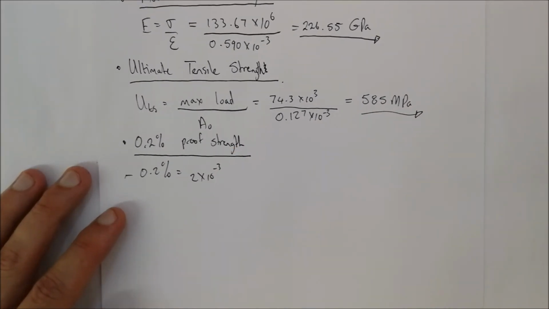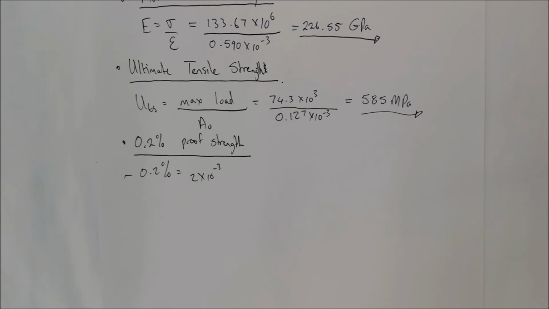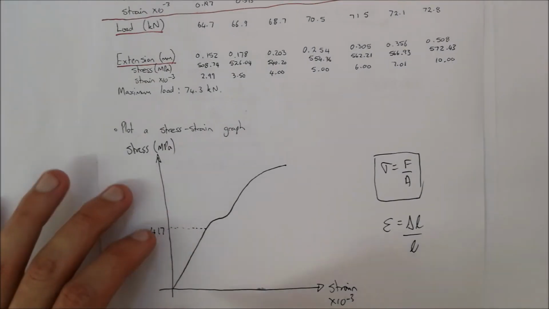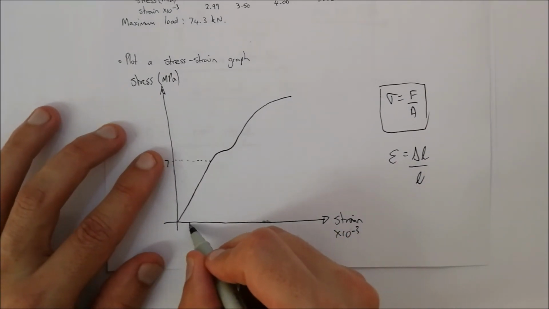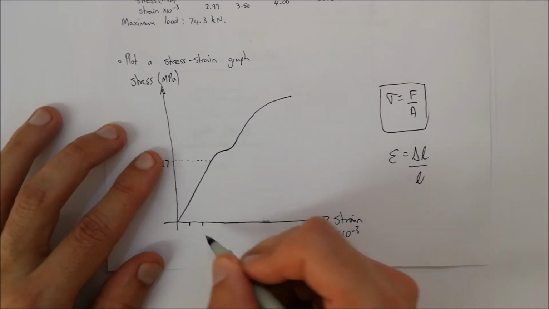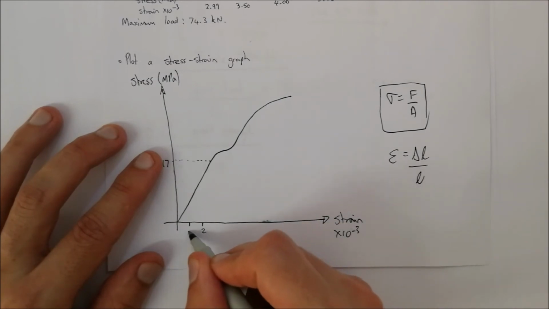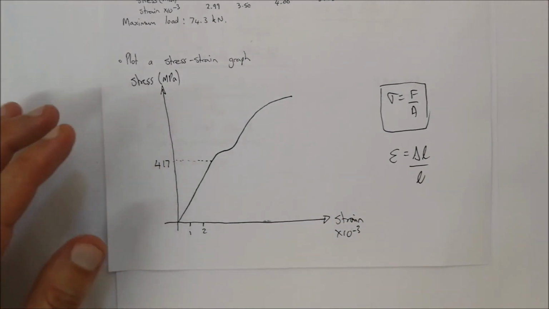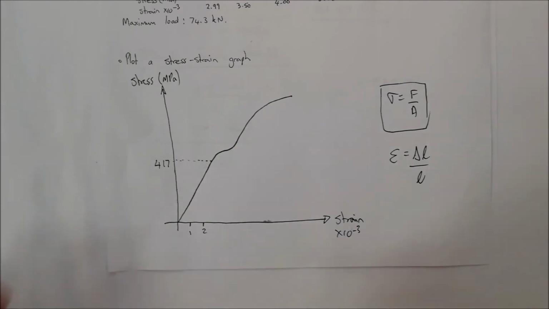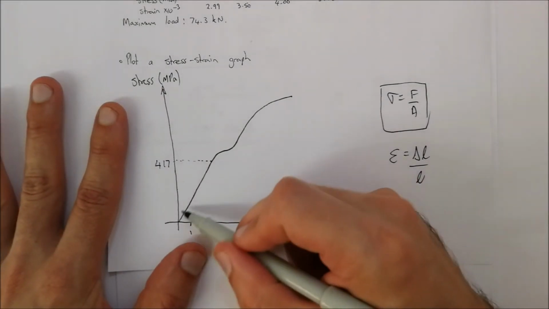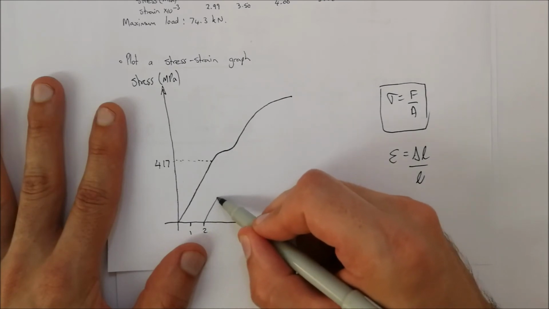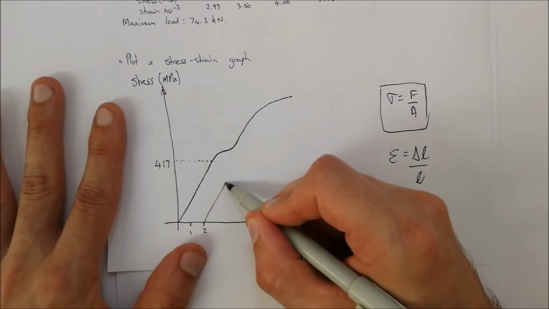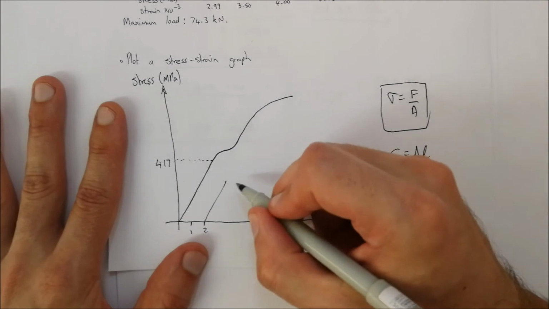Essentially, if you look at your strain values over here at the bottom, you'll find where 1 is, and you'll find where 2 is. 2 would be over there roughly. What we're going to do is draw a straight line parallel to this line that we've got over there. You'll use a ruler and draw a straight line.